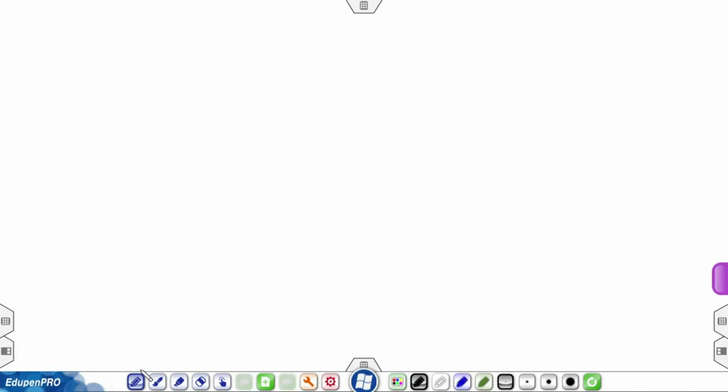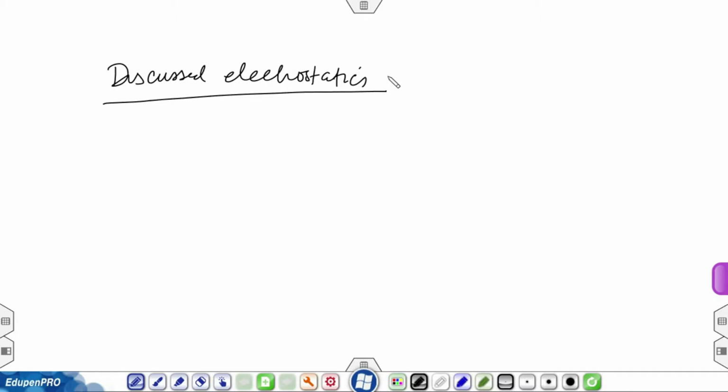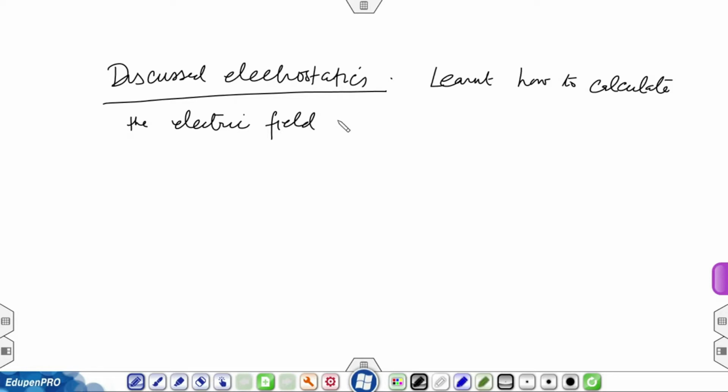So far in the past 2 weeks, we have discussed electrostatics, where we learnt how to calculate the electric field for given charge densities and boundary conditions.